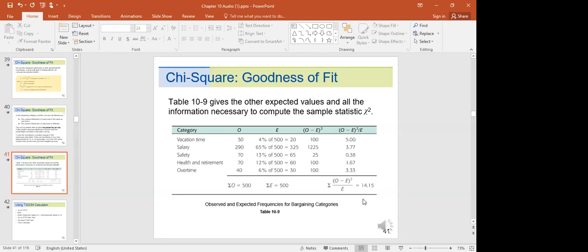Yep. So you go to test and choose D, which is chi-square goodness of fit, GOF.